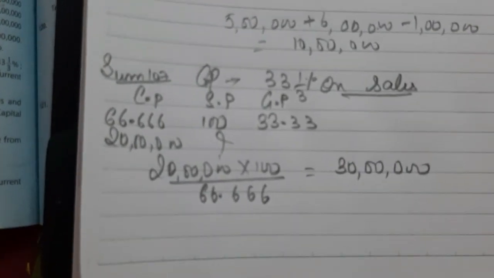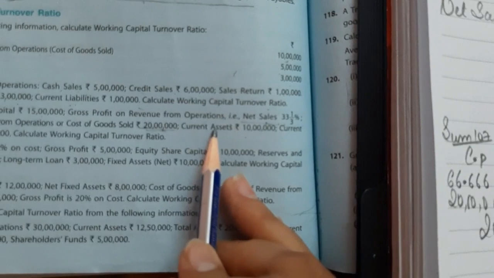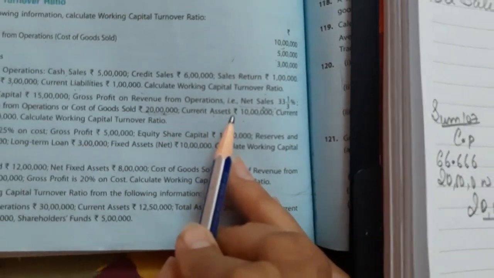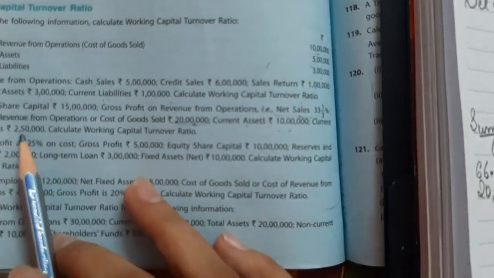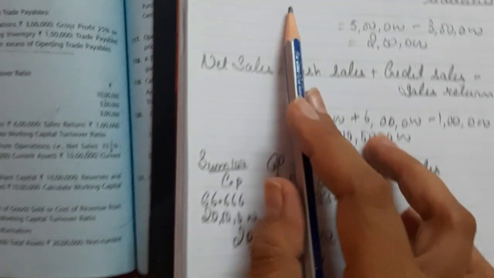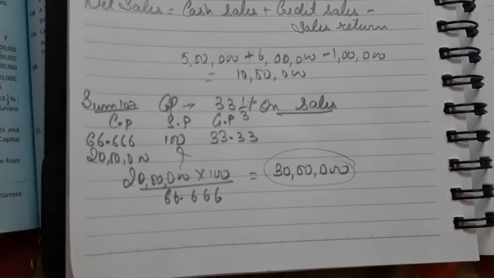Now we got our sales as 30 lakh, and then we are having current assets and current liabilities. So that means you can easily get working capital. Formula for working capital is current assets less current liabilities, that is 10 lakh less 2 lakh 50,000. You'll get your working capital, and you are already having revenue from operation. You can use the formula.